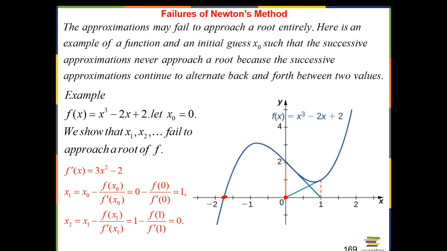And notice that at this point, we hit 1, and then we go tangent at 1, we hit 0. And we go tangent over here, we hit 1. So we're going back and forth between 0 and 1. We never reach the root, right? It's possible. Of course, if you pick a different initial point, that may not happen, right? So it's possible to get stuck this way. It fluctuates between two values.